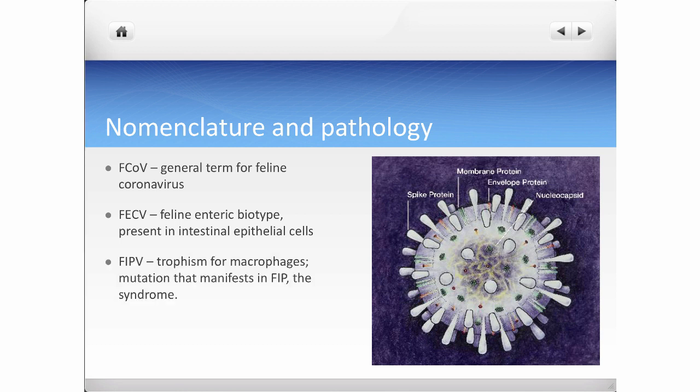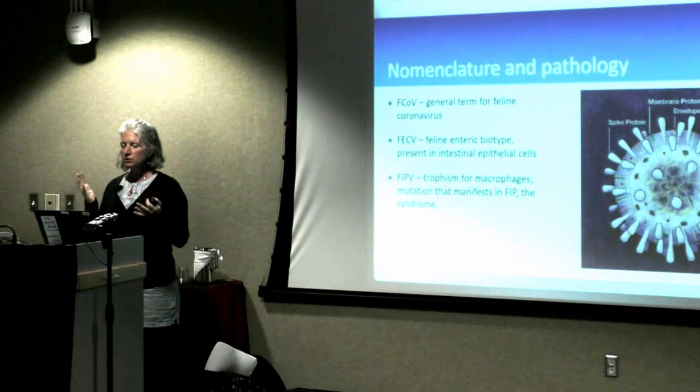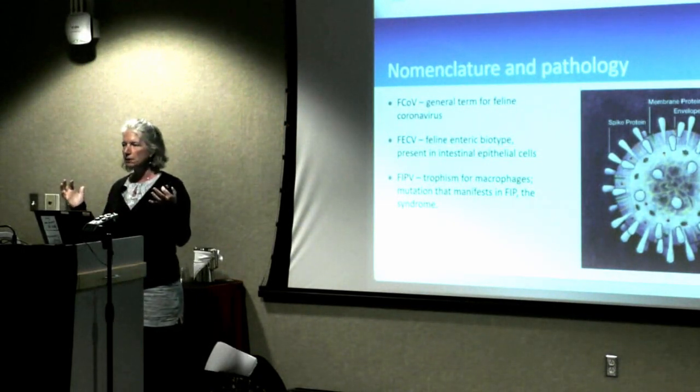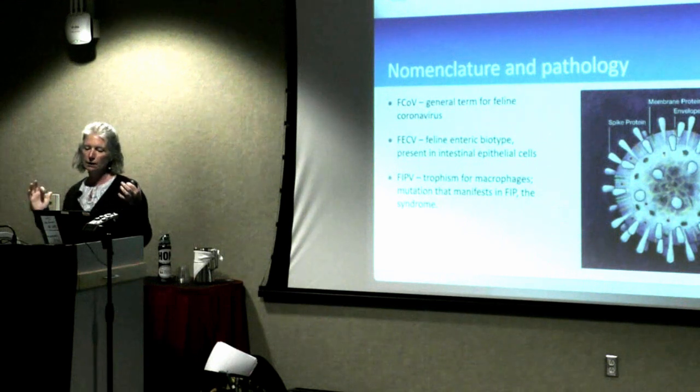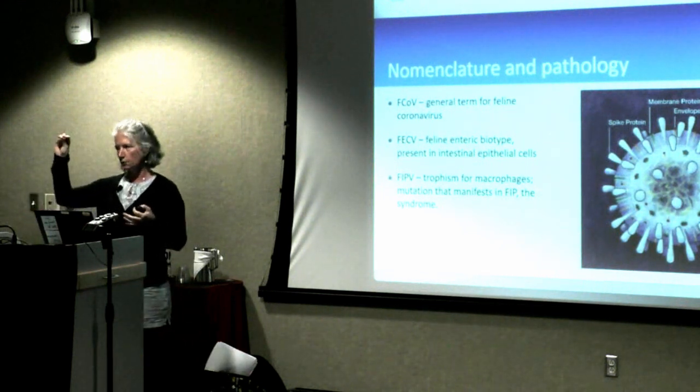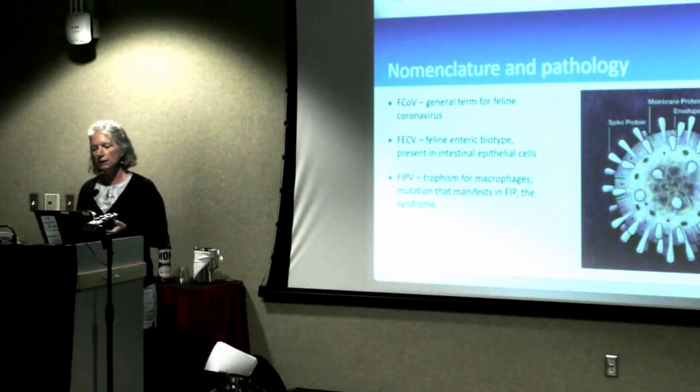And then I'm going to use FIPV to represent that mutation of the virus that has a tropism for macrophages and ultimately results in the FIP syndrome, which is the disease syndrome. So just for clarity, that's how I'm going to use the nomenclature for this lecture. There are still some questions about how much these are really separate, depending on the sequencing and on a molecular level, but this is going to serve for our understanding of what we're talking about today.